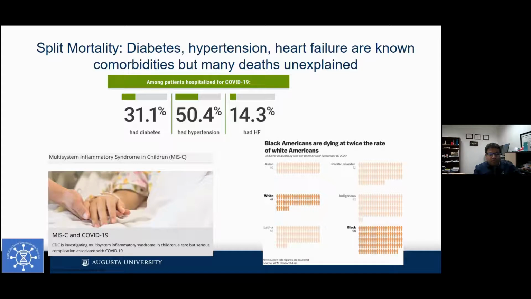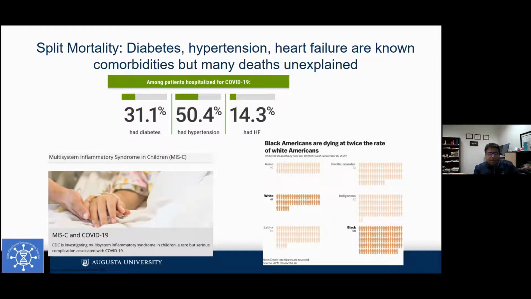But one of the things which is fascinating about this disease is the split mortality. This is what I like to call it: you have a huge number of individuals who are infected, but an extremely small percentage of them become symptomatic. And then among the symptomatic, really a small percentage end up dying. People have associated a lot of clinical comorbidities with the mortality.